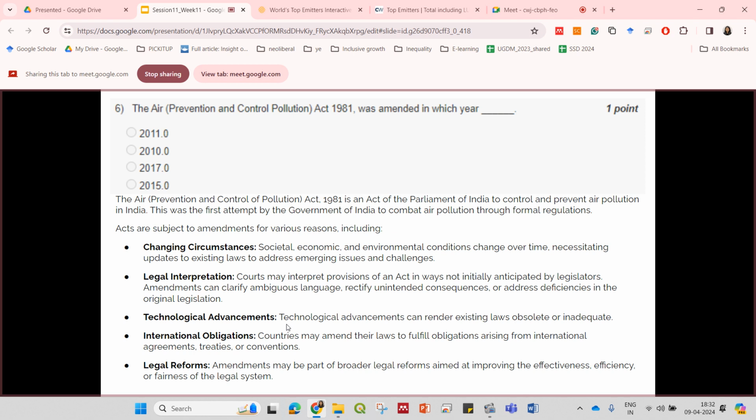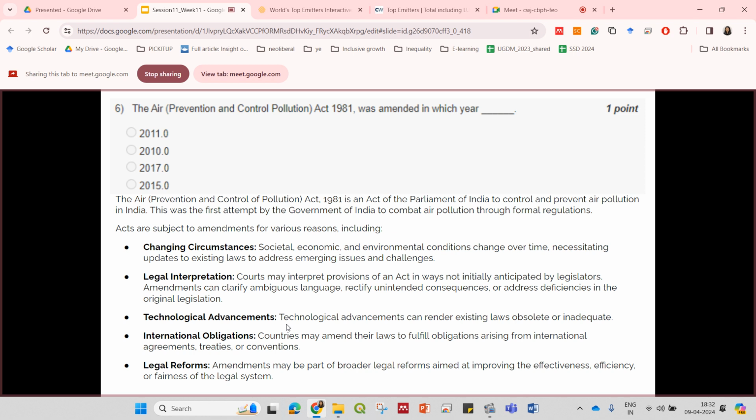With time, amendments can come as part of broader legal reform. If there is some legal reform seeking more gender equality, or some other aspect, then a broader legal reform can affect and contribute to amendments in existing acts for improving their effectiveness and efficiency, or maybe even the fairness of the legal system.